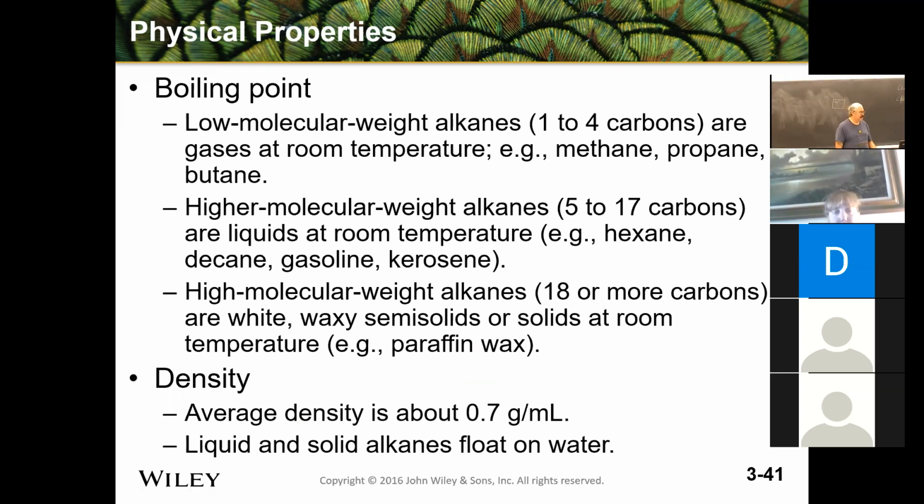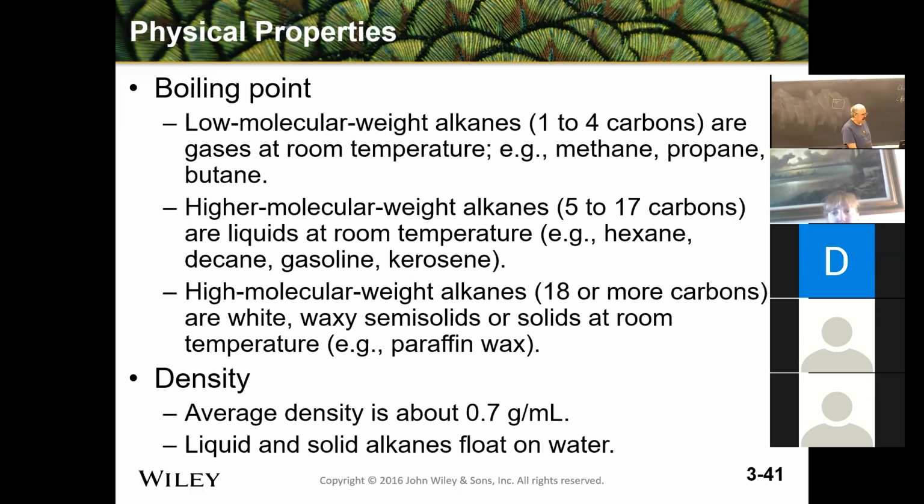We alluded to this when we were talking about petroleum refining. Low molecular weight alkanes, 1 to 4 carbons, are all gases at room temperature. Methane, propane, butane, also isobutane, they're all gases. From about 5 to 17 carbons, those are all liquids at room temperature.